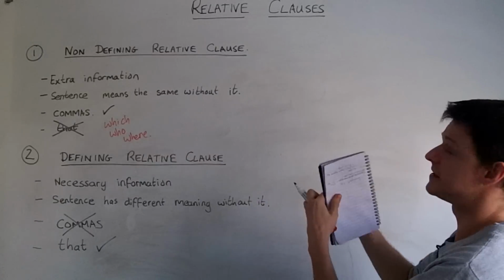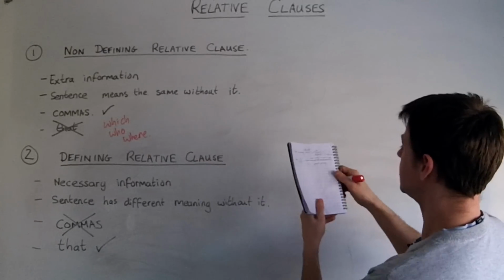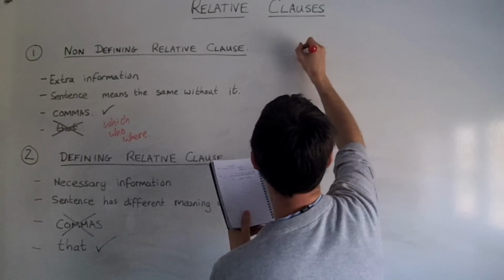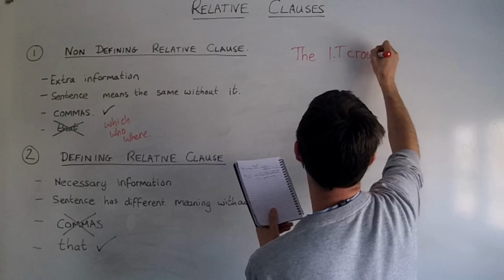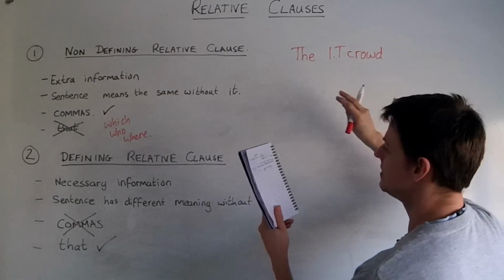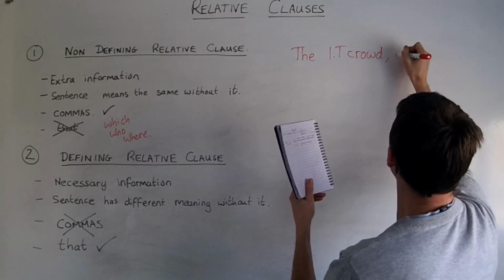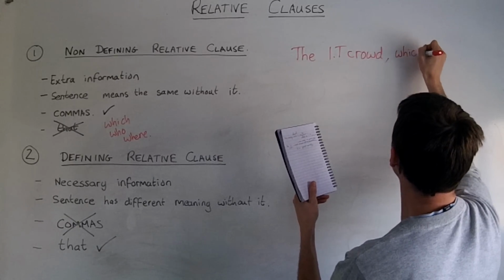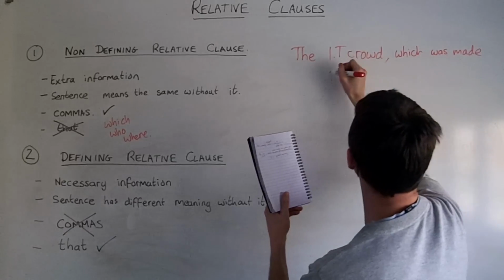Okay, let's talk about a comedy which I like, a TV show. We could say the IT Crowd. And here we've already defined it, really. It's already defined in the first sentence. We know exactly which comedy it is. The IT Crowd. And then I could give extra information and say, which was made 5 years ago.